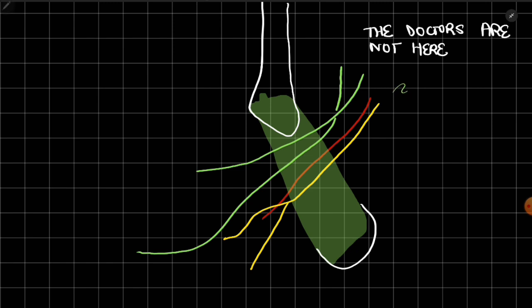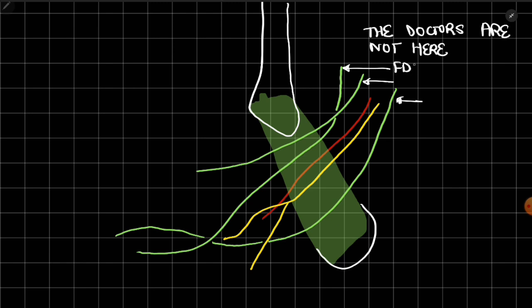So you should draw the tendon like this. Okay, it extends above the flexor digitorum tendon. So let me label it. The first tendon, which is this tendon, which acquires the second position, is the flexor digitorum longus.